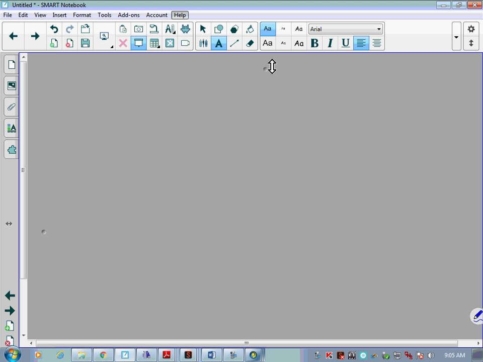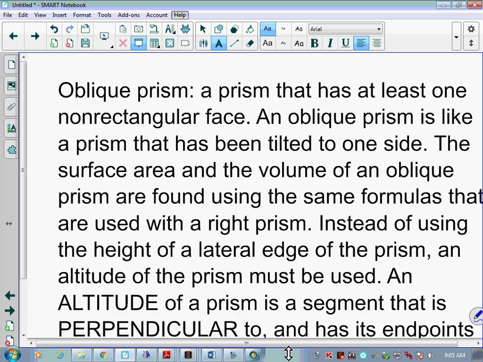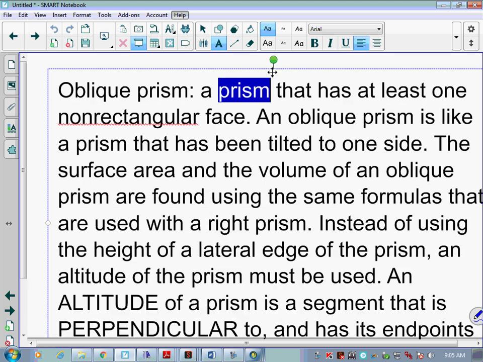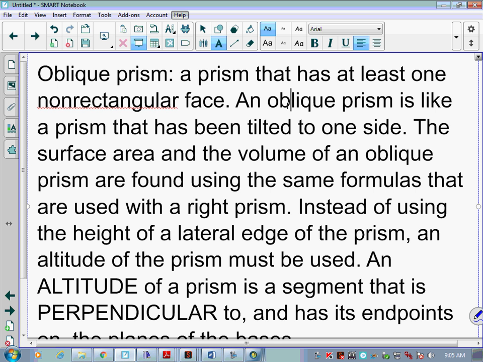Then we have an oblique prism. Now this has a long explanation to it, but imagine if a cylinder is right. You look at a can of soup, it's right, meaning that the line that connects the top and the bottom of that soup can is at a right angle with the base.